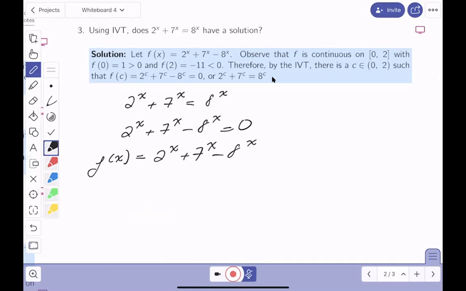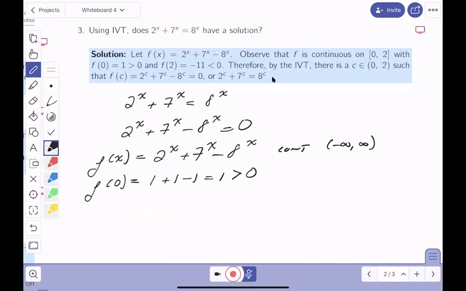Again, I'm stabbing in the dark. Before I do this, this thing is continuous on the whole interval. Now, I've got to find some closed interval though. I can't say just the whole interval. What's f of 0? 1 plus 1 minus 1, which equals 1, which is definitely greater than 0.